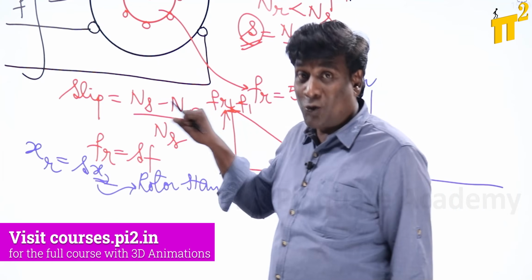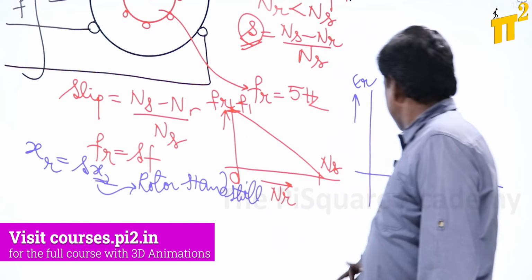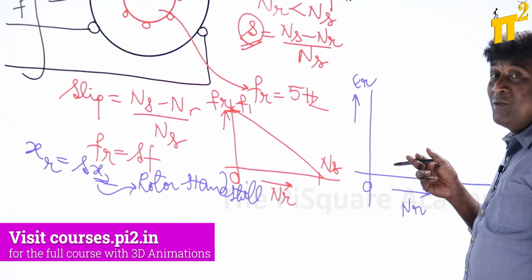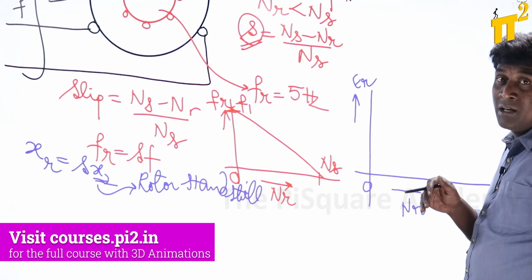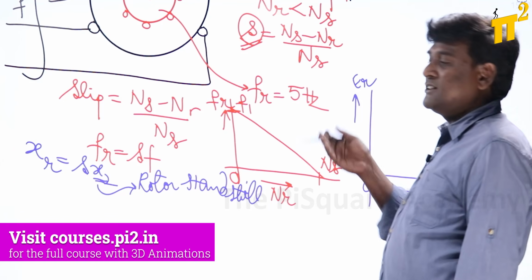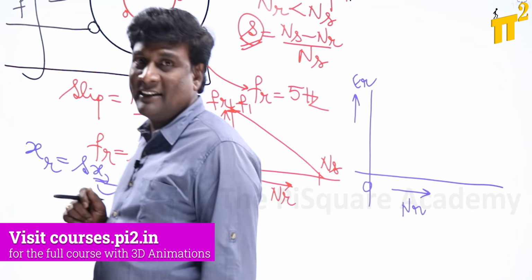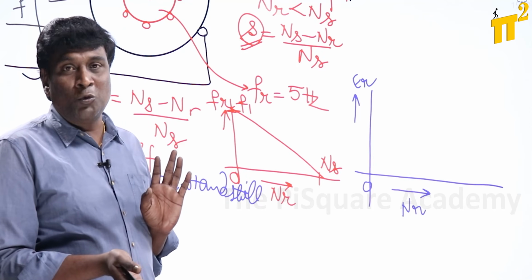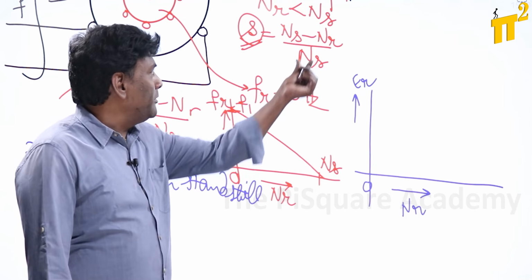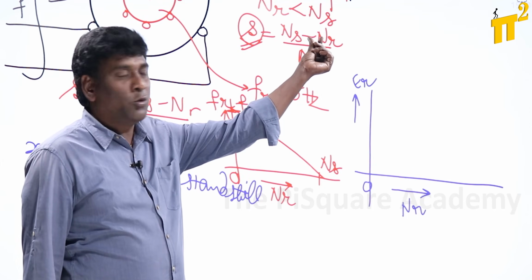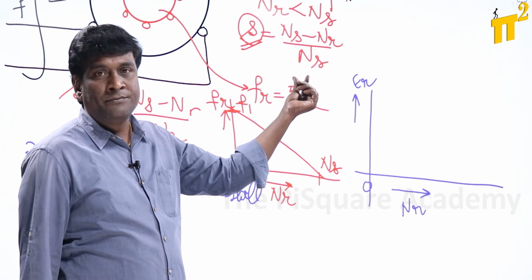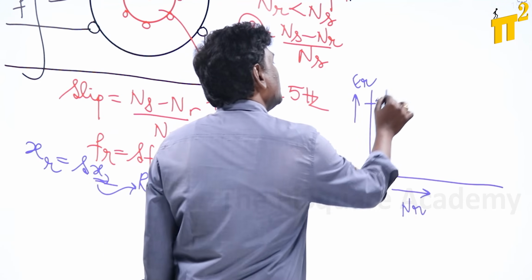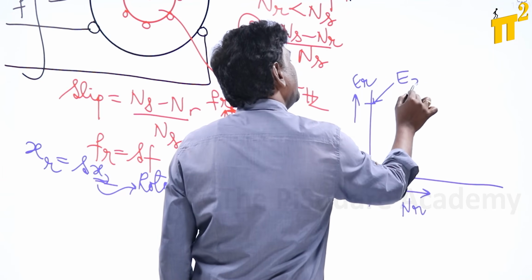When the rotor is not rotating, at 0 RPM, what will be the relative velocity between the stator MMF and the rotor? The stator MMF is rotating with respect to the stator at synchronous speed ns, or 3000 RPM. The rotor is not rotating, so the relative velocity is maximum, or slip is 1. When nr equals 0, slip is 1. So the rotor induced voltage is going to be maximum here. Let me call this E2.